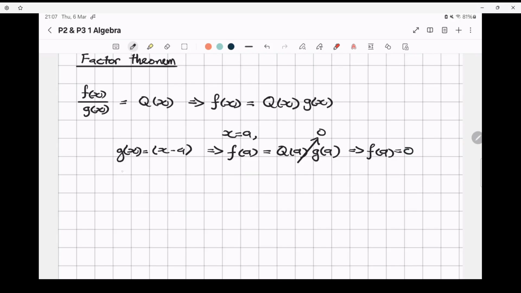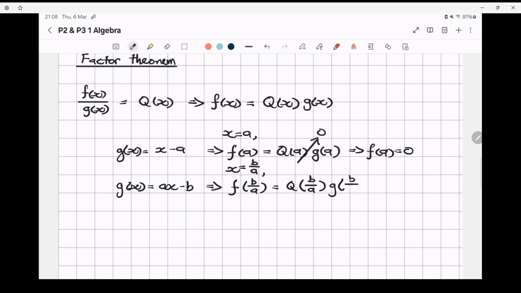So if your factor is of this form, then when you substitute x equals b over a, you will notice that the right side still goes to 0 because of your factor. So this part still goes to 0.